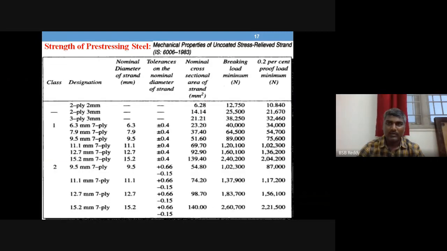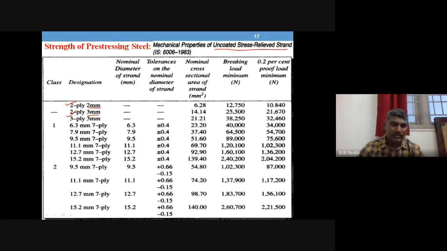These are some of the properties of uncoated stress relieved strands also. Till now we have talked about wires. These are strands like 2 ply 2 mm, 2 ply 3 mm, and 3 ply 3 mm.